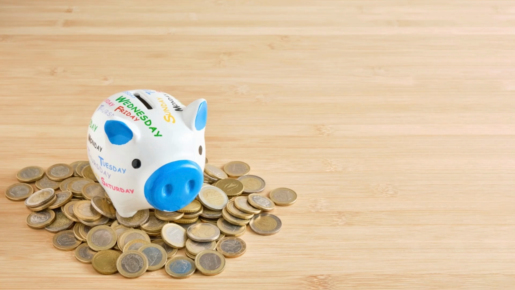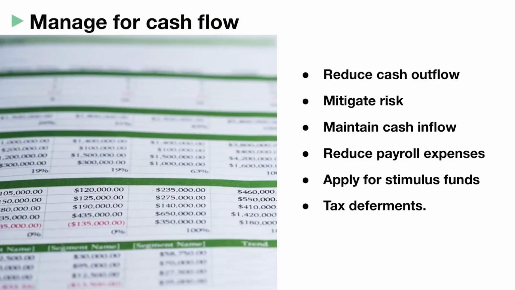A good starting point is financial risk, because money, and specifically positive cash flow, is the lifeblood of your business. Disasters can stop revenue overnight while adding unexpected costs. That's why managing cash flow is critical.